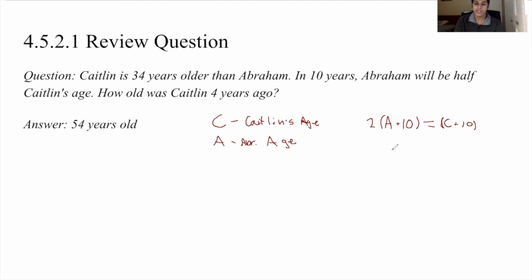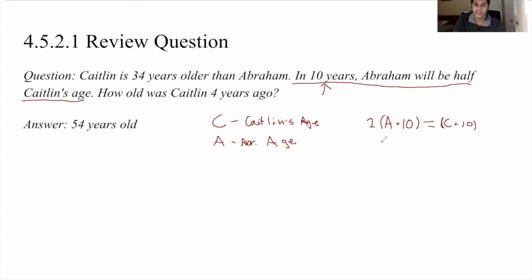All right, so now we can set up our second equation. It says Caitlin, and I accidentally skipped over this when I was setting up my first equation, because this is actually the second piece of information. I just didn't see this part first, but we can still set it up. It says Caitlin is 34 years older than Abraham.